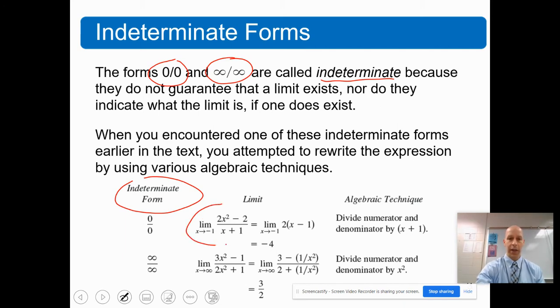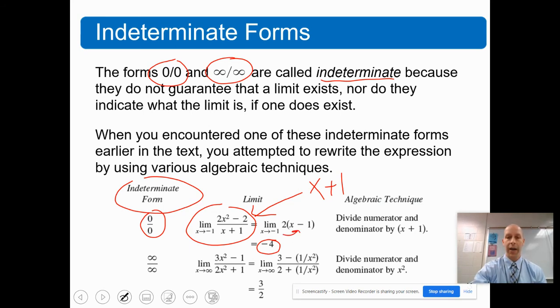So for example, let's look at a couple of examples down here. In this particular limit, the limit of 2x squared minus 2 over x plus 1 as x goes to -1, if you plug -1 in there directly, you will get 0 over 0. So what is 0 over 0? Well, in this case, it turns out to be -4. And the way we would have done that all the way back in chapter 1 is we would have found the common factor of x plus 1 in the numerator and the denominator, cancel that out.